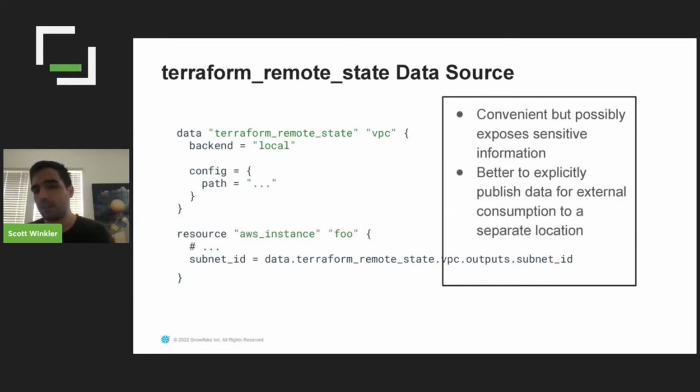It is convenient, I think, but it does possibly expose sensitive information. Your state file is considered sensitive information. So when you're passing this entire state file around just to be able to get the outputs, it's maybe not the best idea. Terraform Cloud does have a new resource that allows you to get the Terraform outputs if you need that.